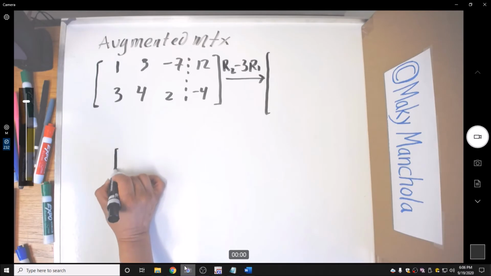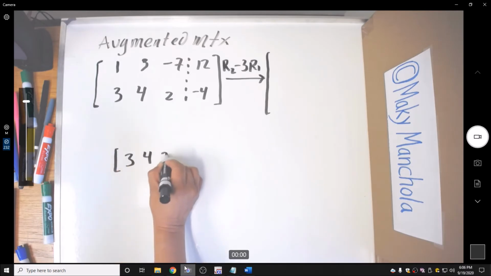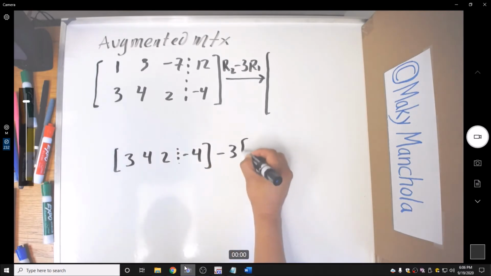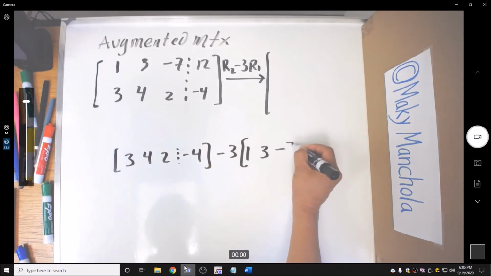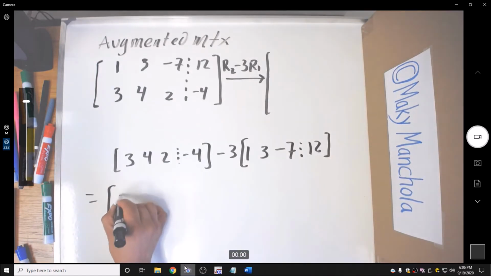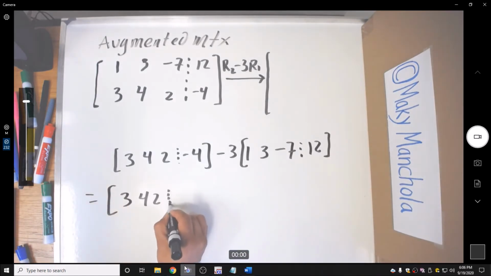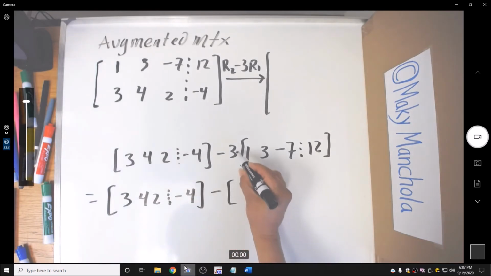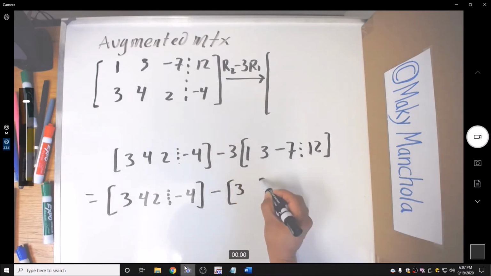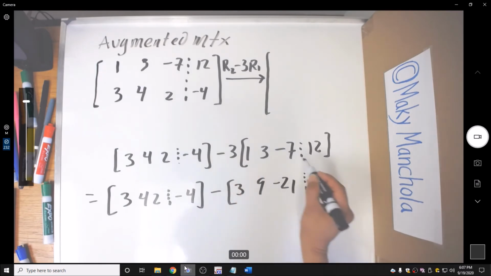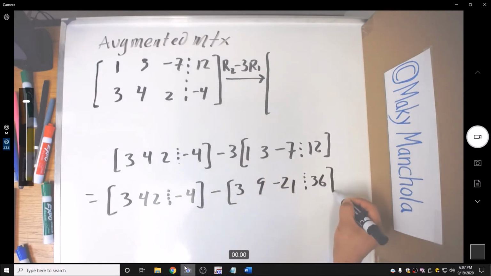Row 2 minus 3 times row 1. So that's row 2 minus this row matrix. 3 times 1 is 3, 3 times 3 is 9, 3 times negative 7 is negative 21, and 3 times 12 is 36.